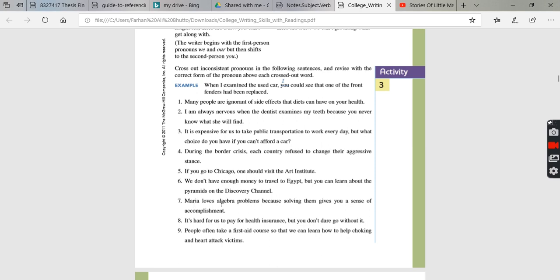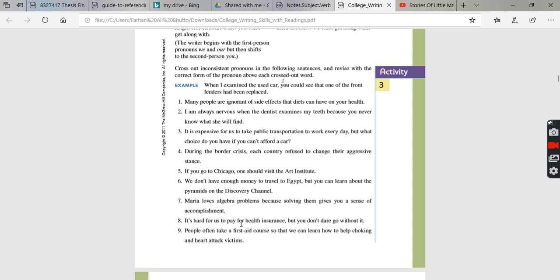Maria loves algebra problems because solving them gives you a sense of accomplishment. Again, it's very simple. Maria loves algebra problems because solving them gives her a sense of accomplishment.